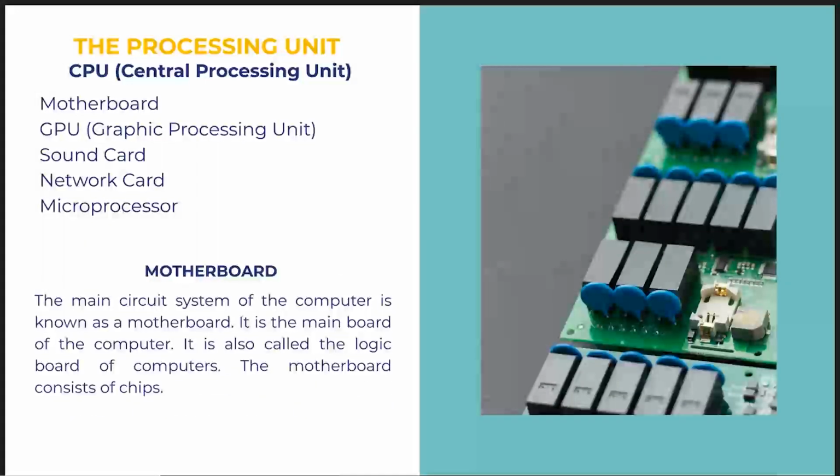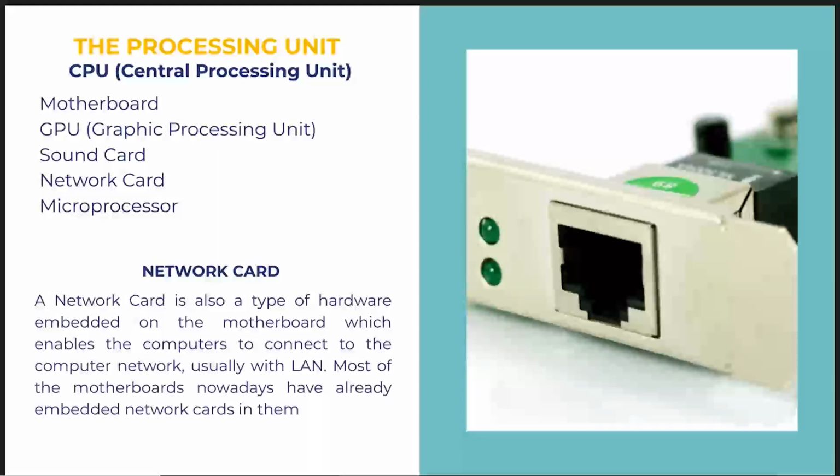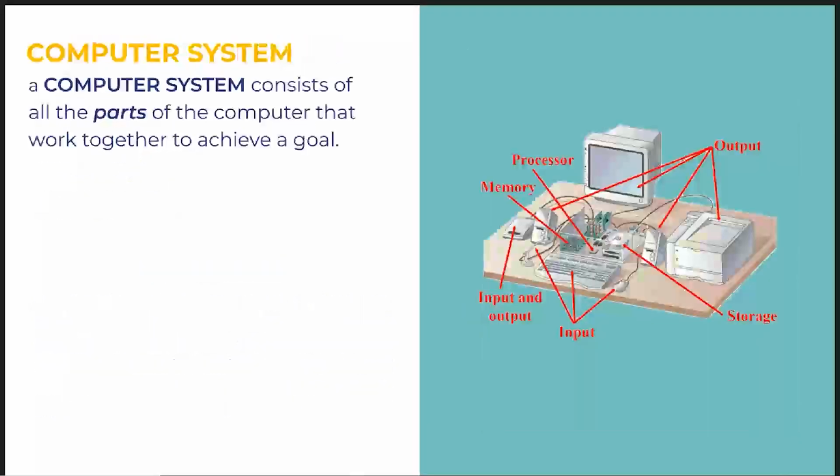We have the motherboard, where all of the electronic components are laid. We have the sound card, which facilitates audio in the computer. We have the network card, which allows data to travel within a computer. So all of these parts work together to make the CPU.